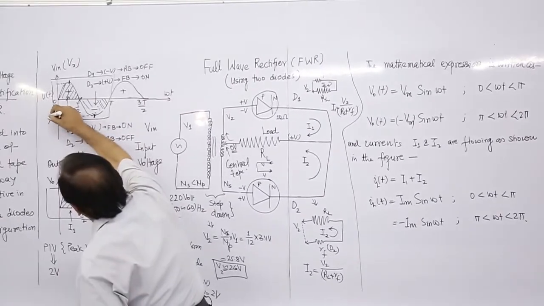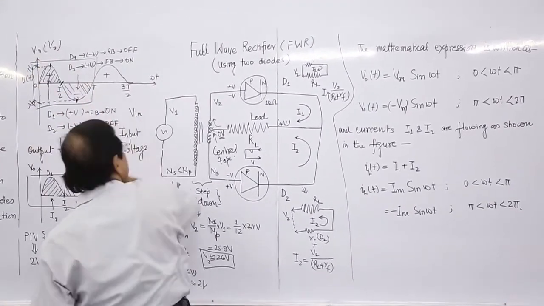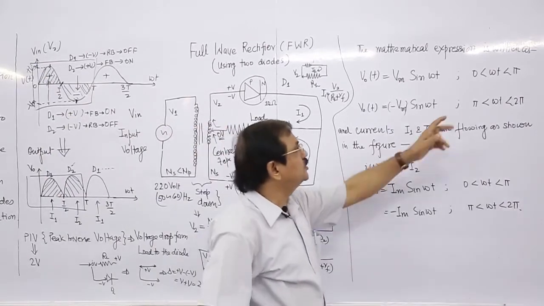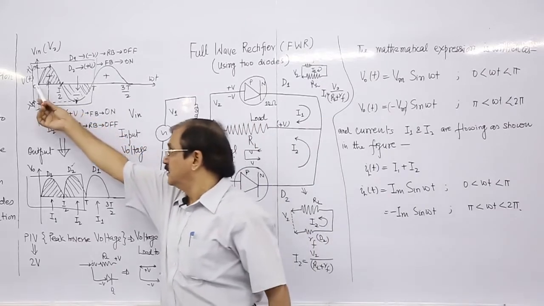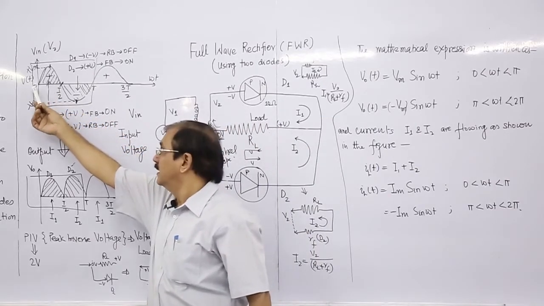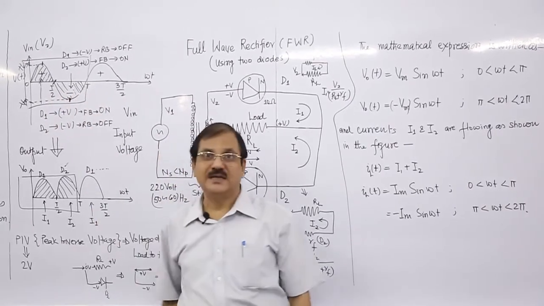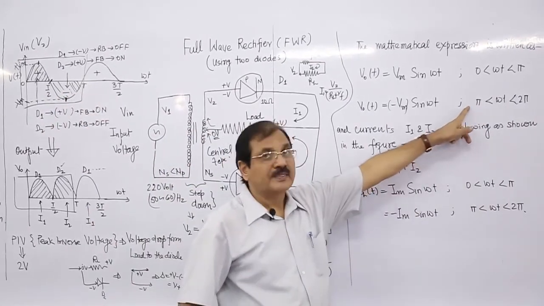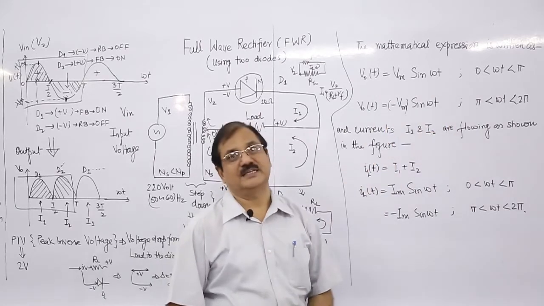This value is minus Vm, this value is plus Vm, and this value is minus Vm. So, from 0 to pi, the voltage is Vm sin omega t, and from pi to 2 pi, the voltage is minus Vm sin omega t.